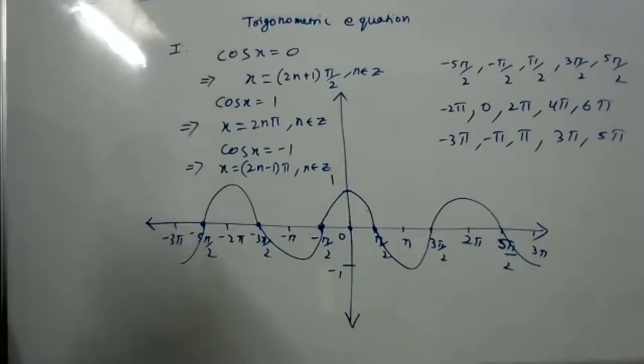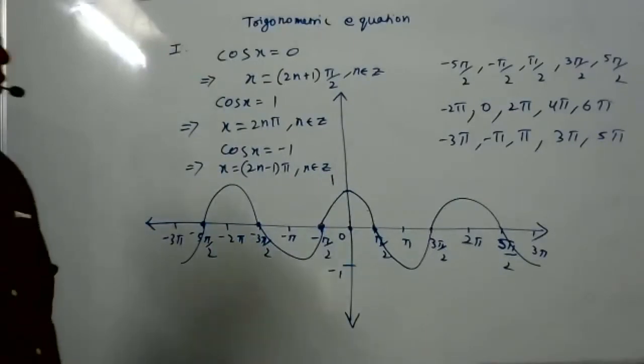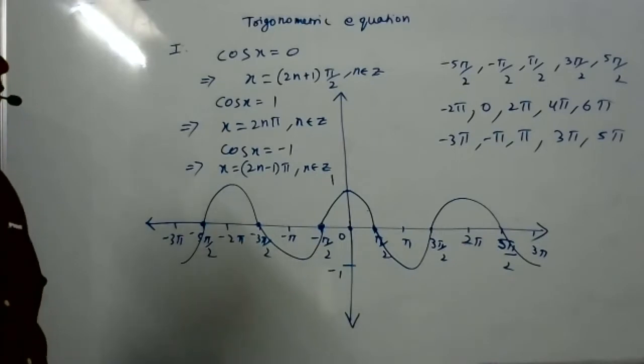Or shall I write (2n plus 1) pi? Will 2n plus 1 be correct or 2n minus 1? Write down (2n minus 1) pi.